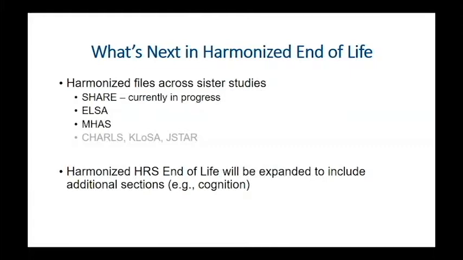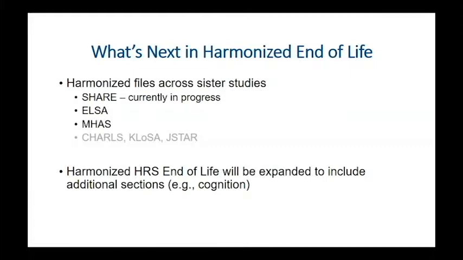The next set of studies we are going to work on harmonizing include ELSA, which is the study in England, and MHAS, the study in Mexico. After we have created the harmonized files across this group of HRS family of studies, we will then start working on harmonized files for CHARLS, the study in China, KLoSA, the study in Korea, and JSTAR, the study in Japan.